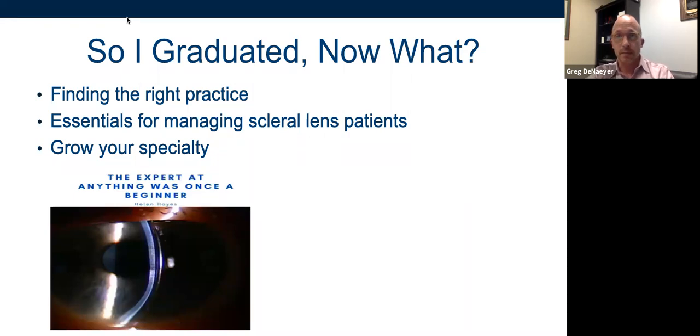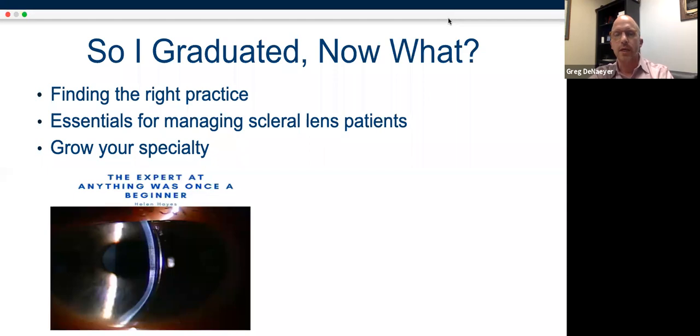Well, I had to investigate what scleral lenses were, and I ended up getting a diagnostic set out of Texas from a company called C&H Contact Lenses. That lens is a precursor to what was then termed the SoClear lens. So I ordered this diagnostic set to the practice. I got it. I had absolutely no instruction, no training at all on how to use it.